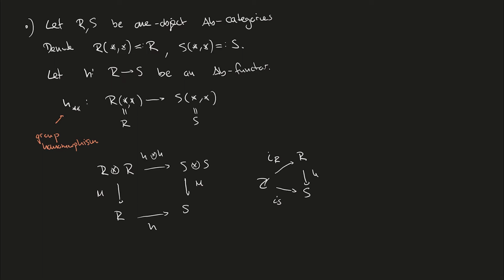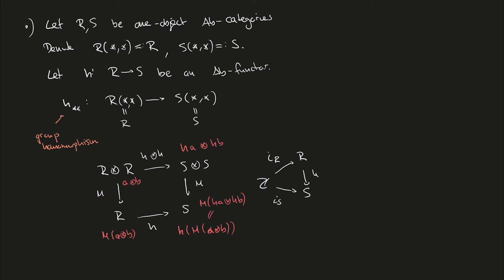So here we start on the left with an element a tensor b in R tensor R, and then we can either map that down to an element m of a tensor b, and then apply H to get H of m of a tensor b. Alternatively, we could have taken the top path and mapped this to Ha tensor Hb, and then map that down to m of Ha tensor Hb. And these two elements need to be equal.